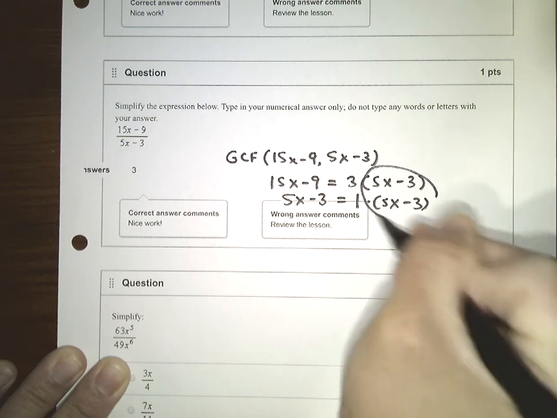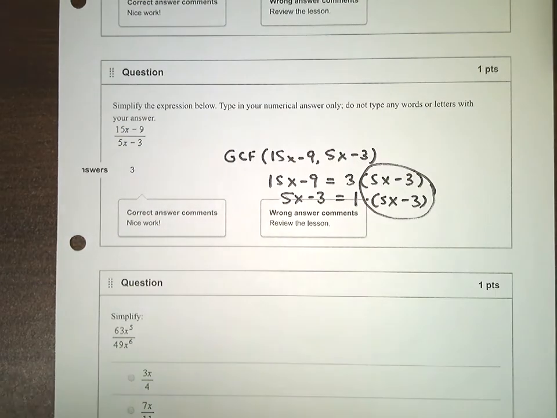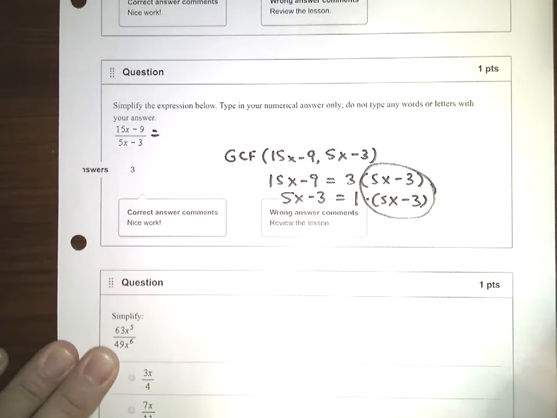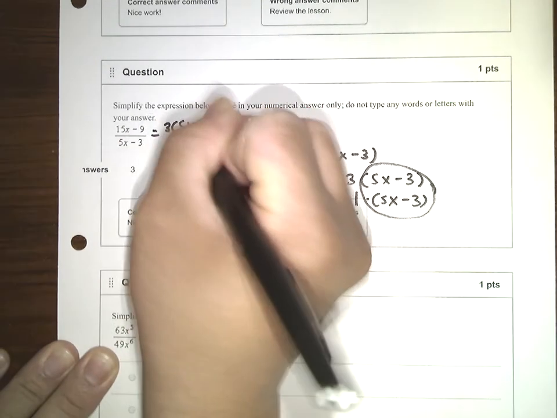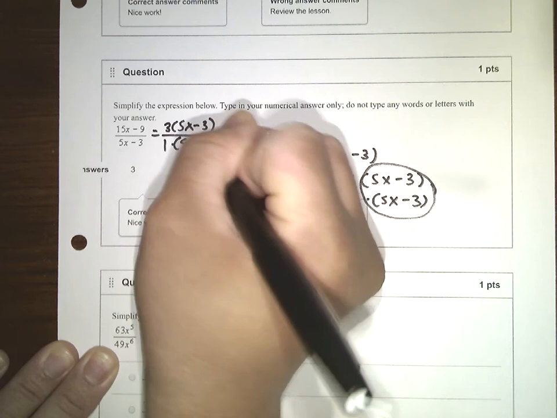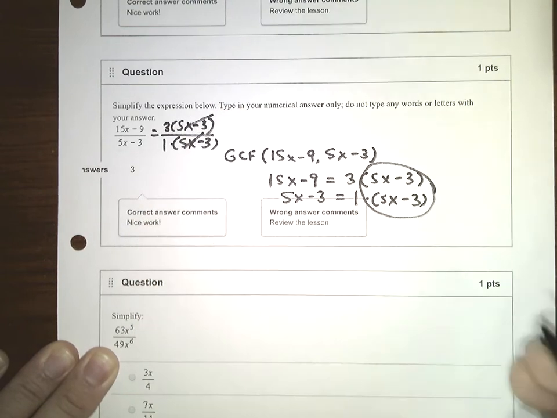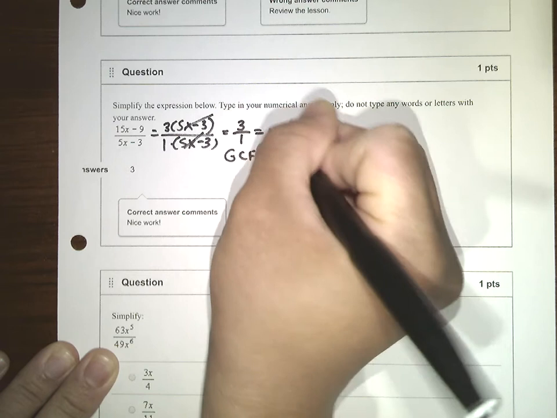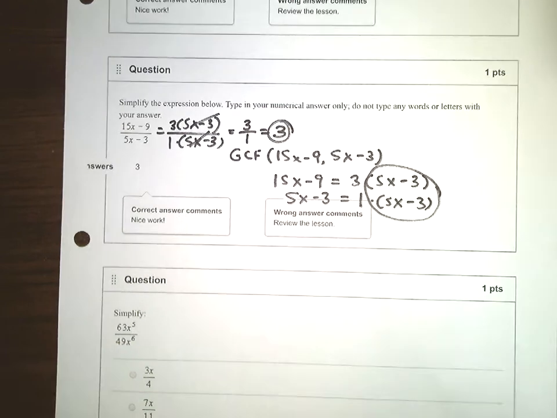So the greatest common factor is 5x minus 3. This will be 3 times 5x minus 3 over 1 times 5x minus 3. I divide out the 5x minus 3, so I have 3 over 1, or just 3.